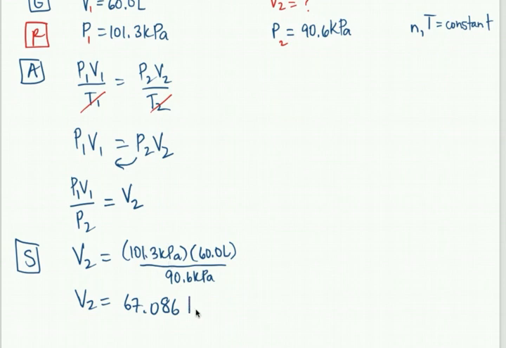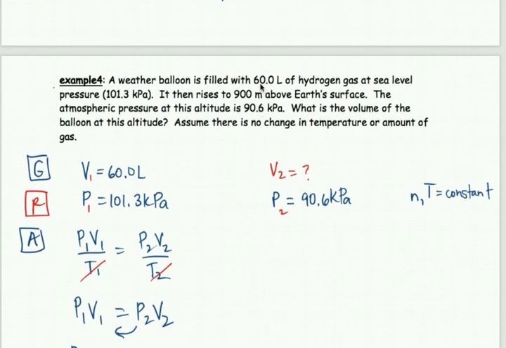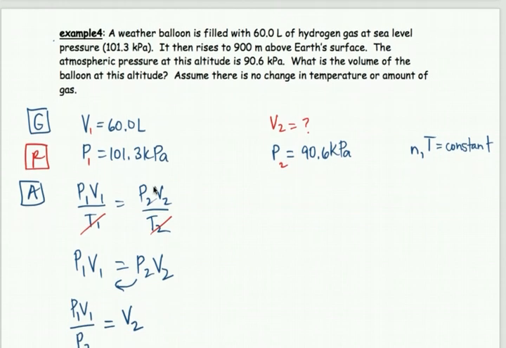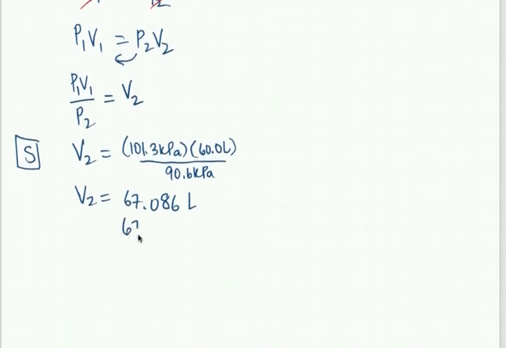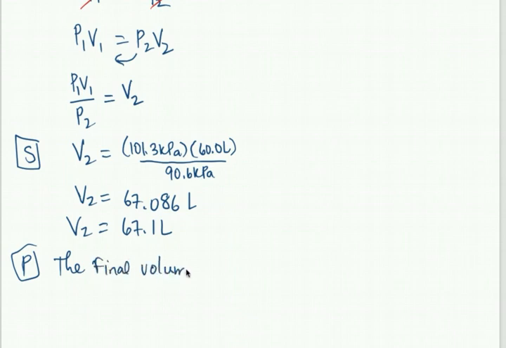Okay, and that leaves liters. And sig figs, 3, 3, 4, so 3 digits. Okay, so the final volume of the weather balloon is 67.1 liters.